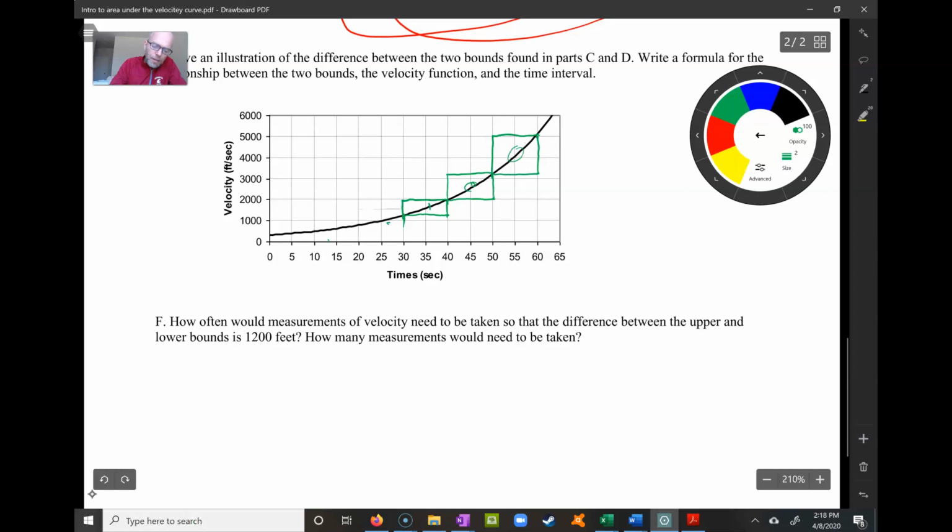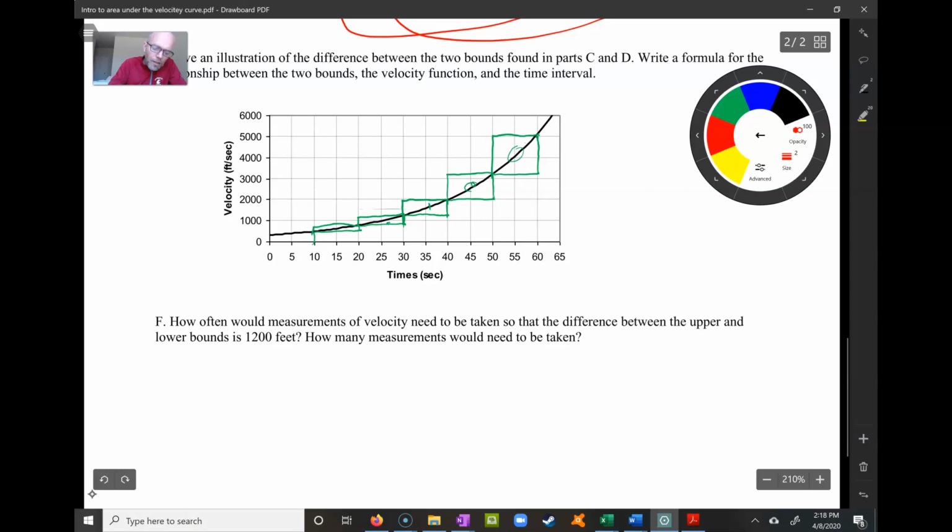Well, I should have left those actually. Let's leave those. And we'll use red to do this. If I make them smaller, notice then we just got one like this.